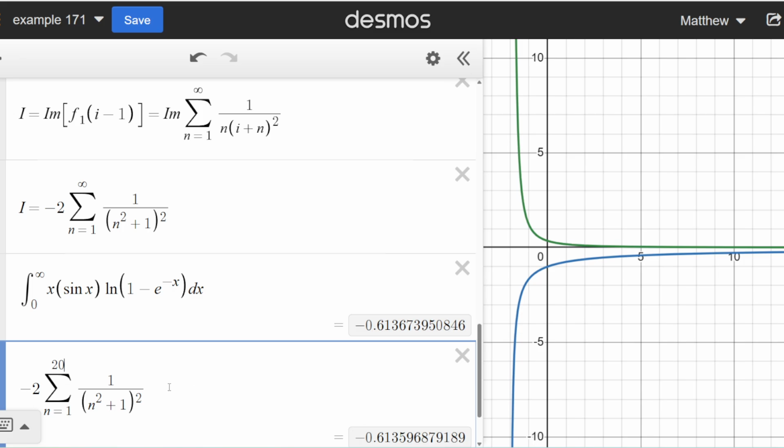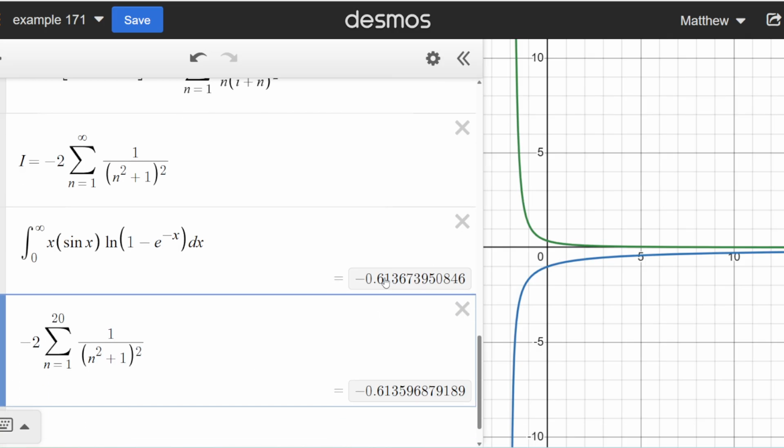So if we took 20 terms of this, which is totally doable by hand, you have an answer that is within 1/10,000th of the actual answer, and that's usually good enough for engineering and stuff like that. So I'm going to leave it like that.